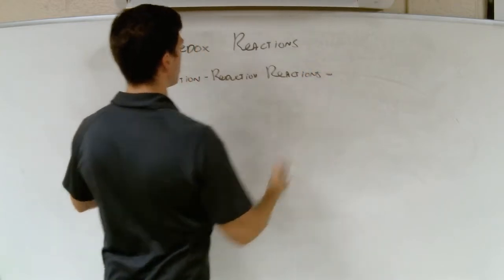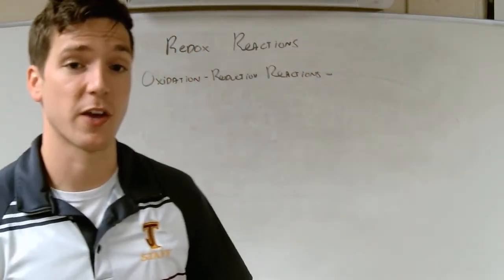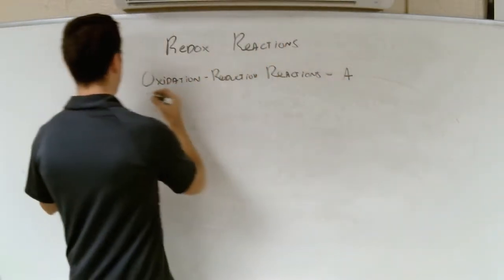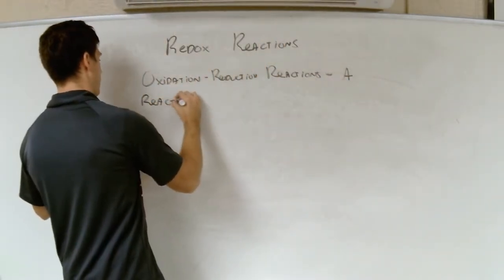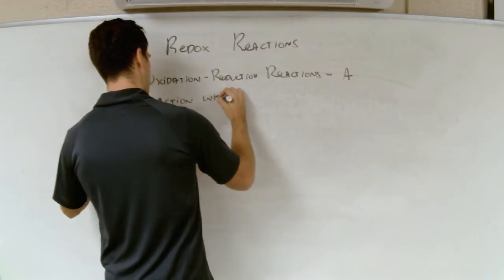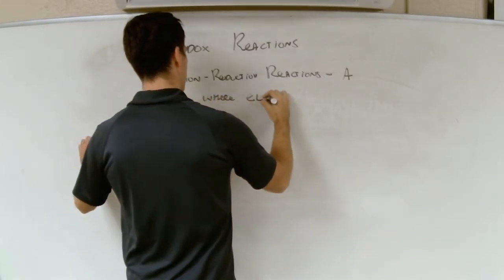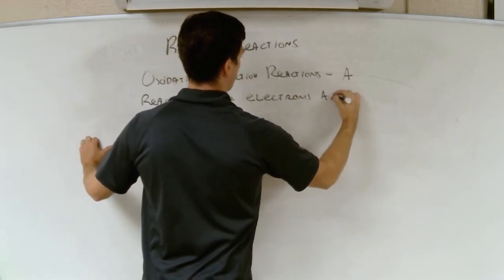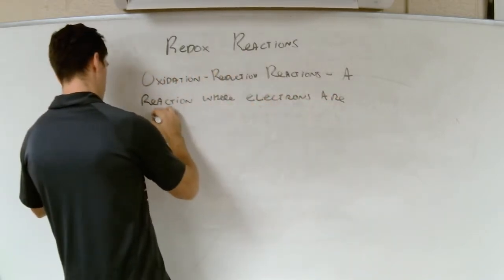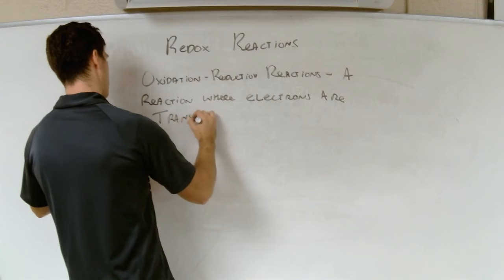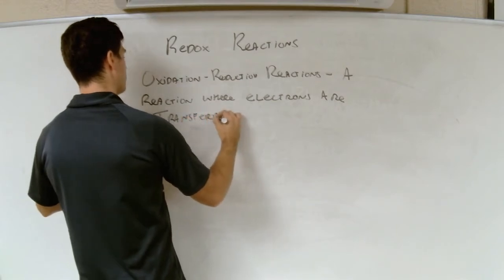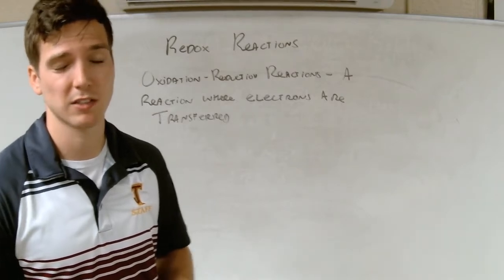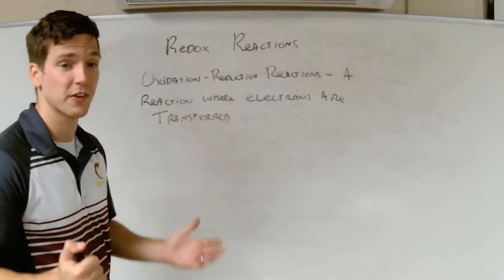Oxidation reduction reactions, or redox, is just a reaction where electrons are transferred. So it's kind of like a reaction where oxidation numbers change, which we'll talk about here in a second.